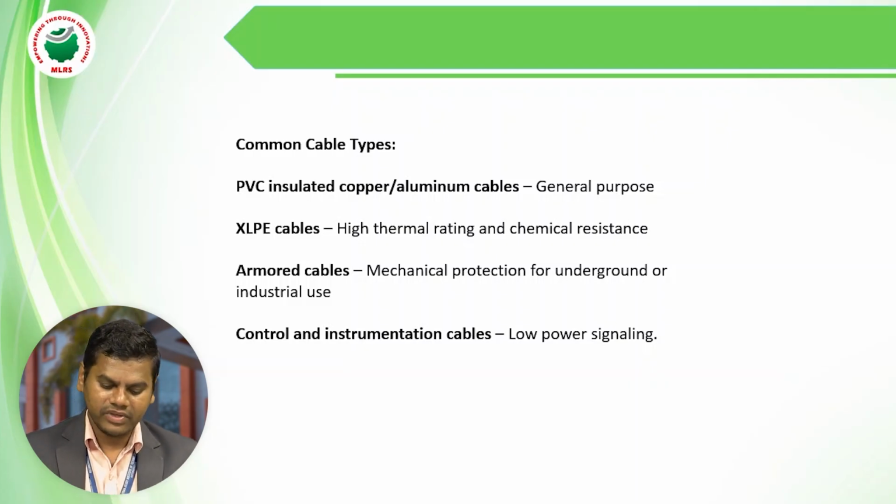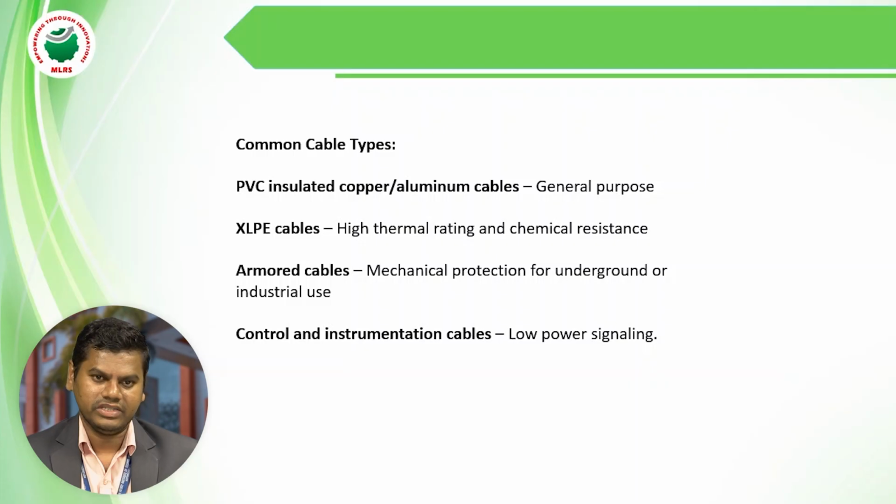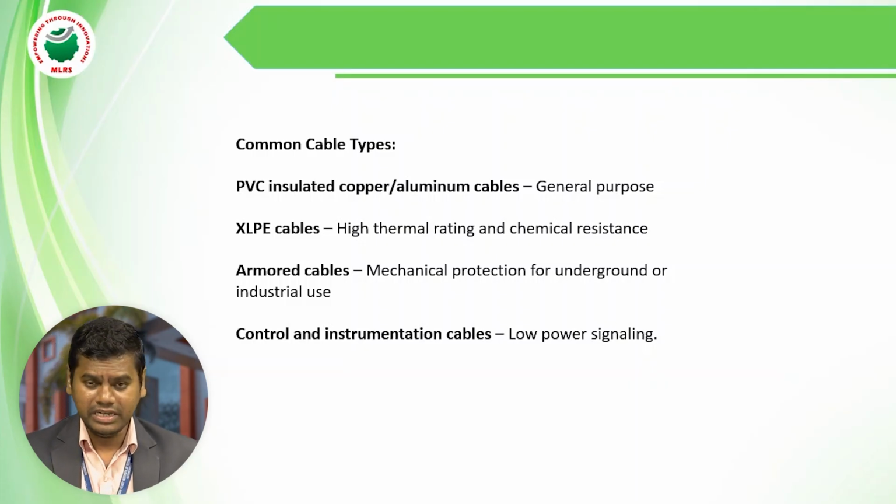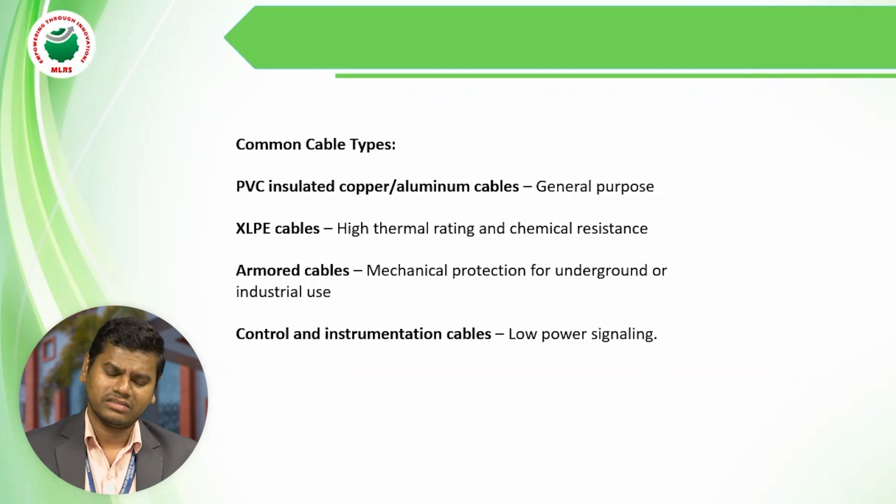First of all, we are taking PVC cables, polyvinyl chloride. It is only for general purpose. General purpose means household purposes, and sometimes or rarely industrial and domestic purpose also, we are using these PVC wires, PVC cables.